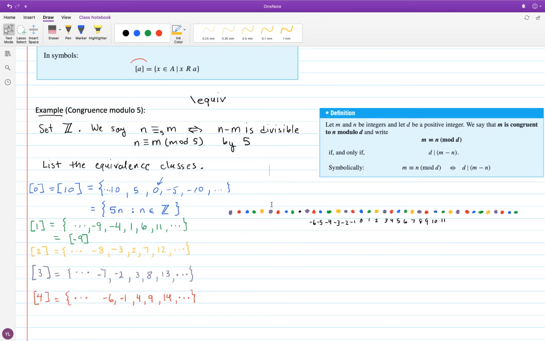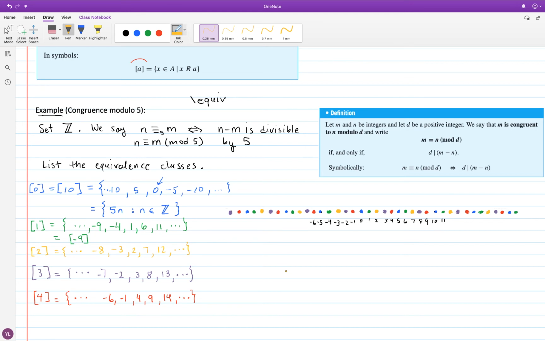Okay, so there we have it. I've sort of listed out each of the members of each of the equivalence classes that there are, and I colored, it looks like I missed one color here. Hold on, let me get that dot. Okay, so I colored in all of the equivalence classes off to the side on the image of Z. So a couple things that I want to say about this.